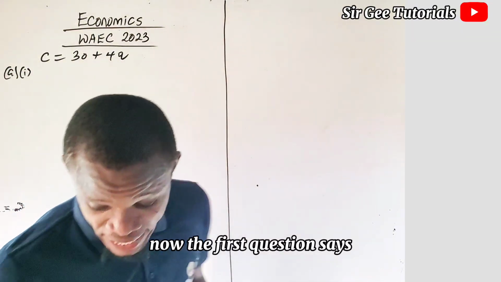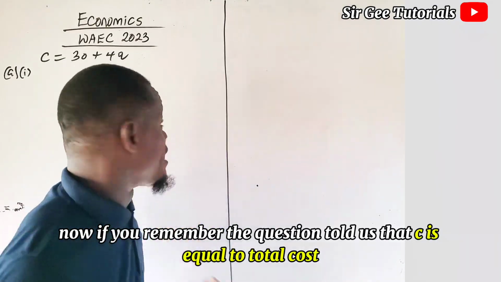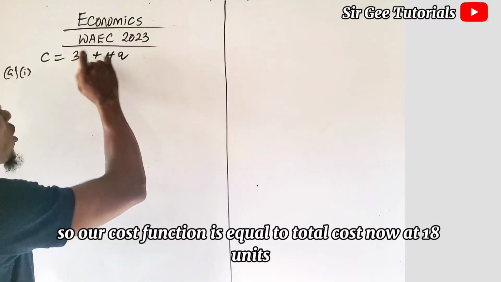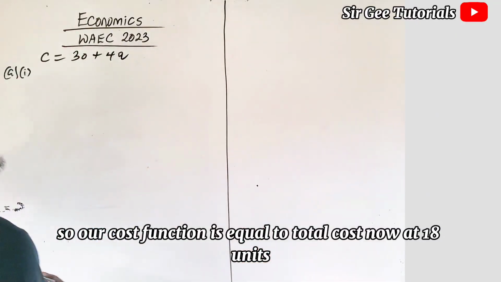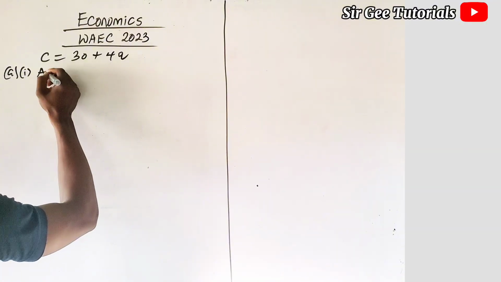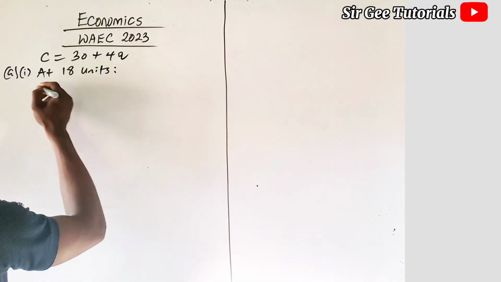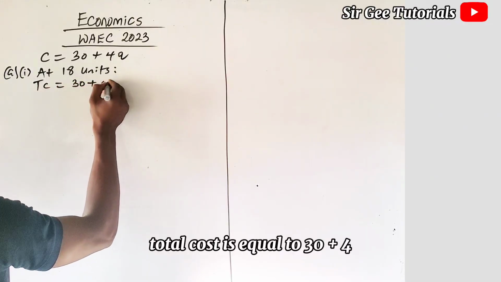Now, the first question says, calculate the total cost in dollars of producing I, 18 units, II, 36 units. Now, if you remember, the question told us that C is equal to total cost. So our cost function is equal to total cost. Now, at 18 units, total cost is equal to 30 plus 4.